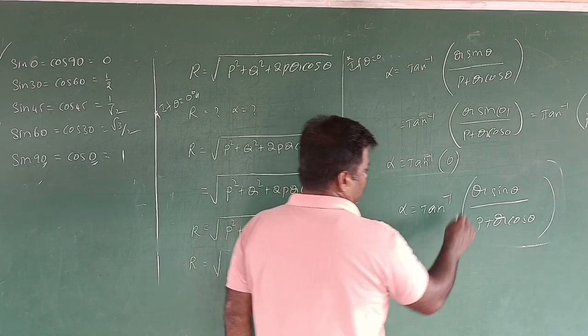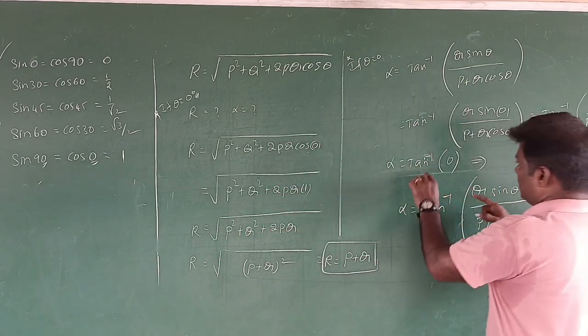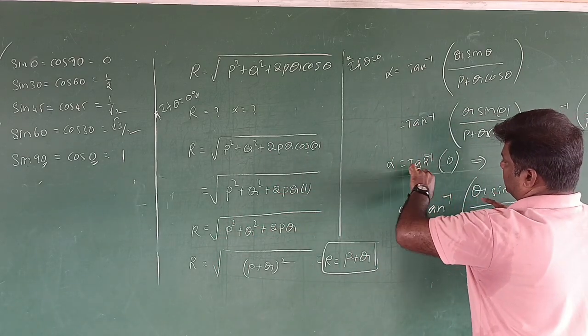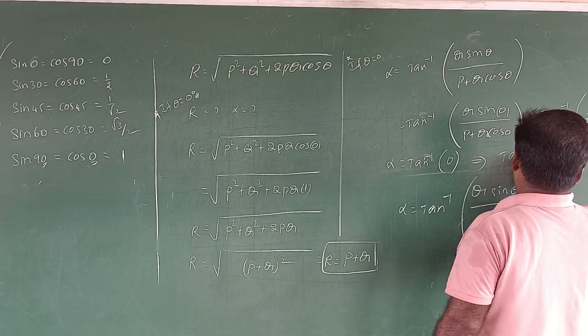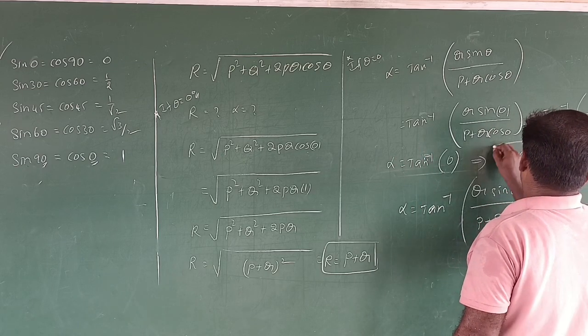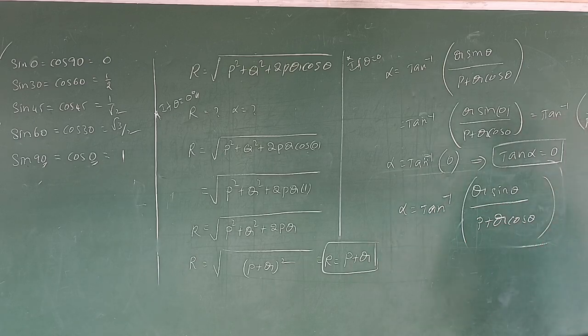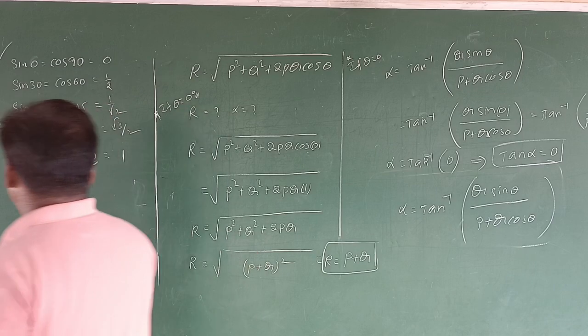Tan inverse 0 implies, taking tan inverse of alpha to the other side, tan alpha is equal to 0. So alpha is equal to tan inverse 0, tan alpha is equal to 0. For which value of theta will you get tan theta equal to 0? What is tan actually?